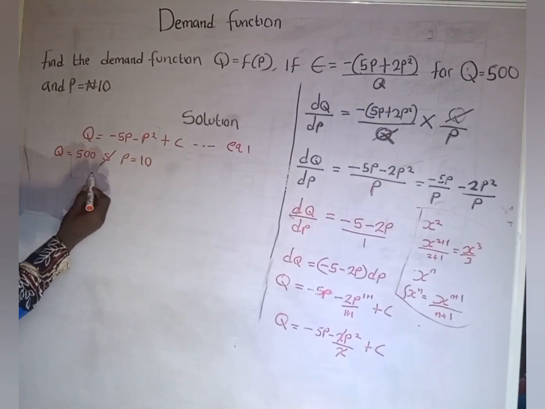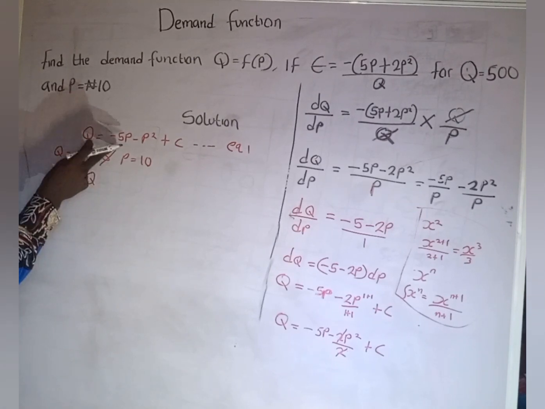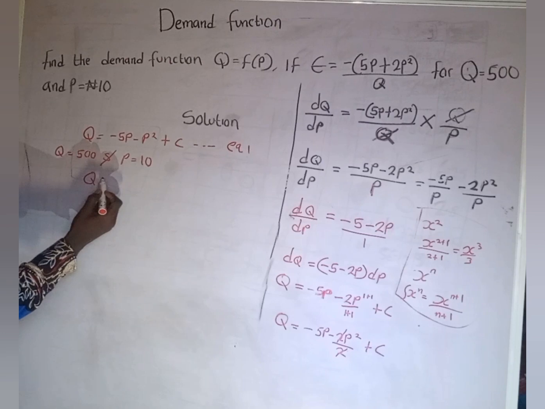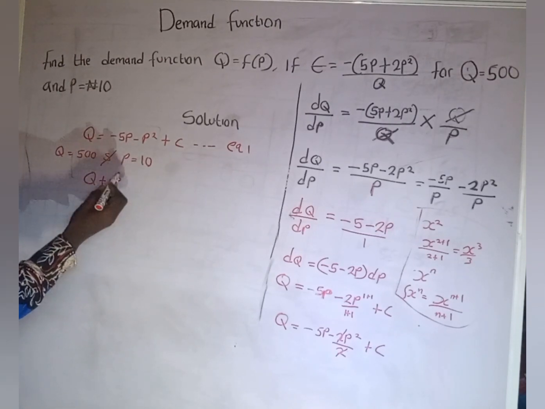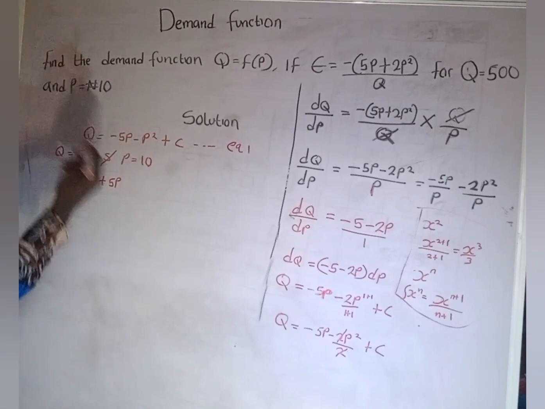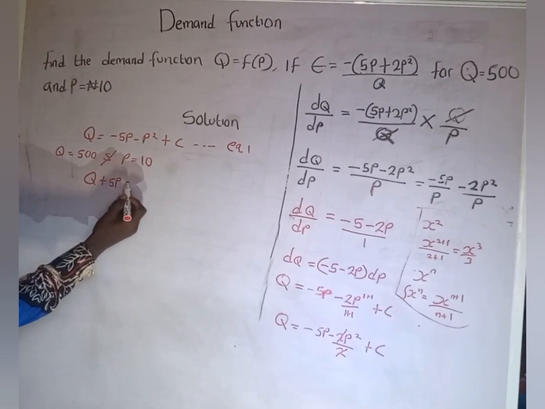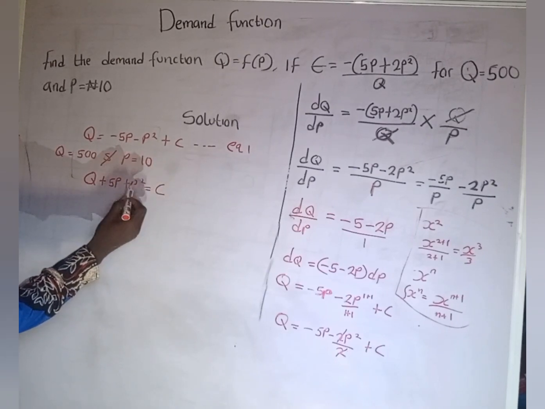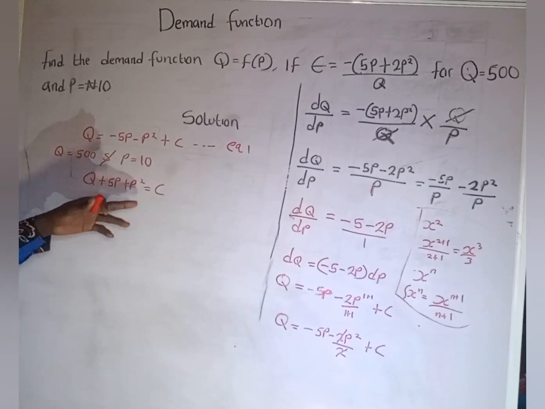So I'm going to have Q. If this minus 5p comes to this side, I'm going to have Q plus 5p. If this minus p squared comes to this side, that is plus p squared, is equal to c. So I have made c the subject of the relation.